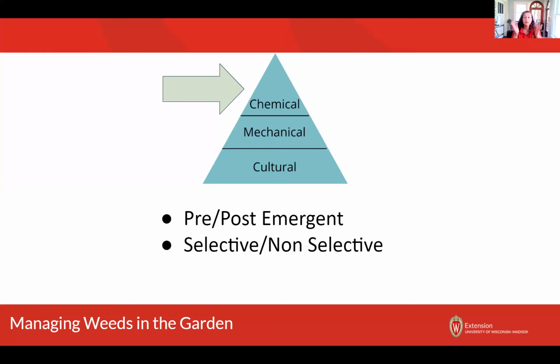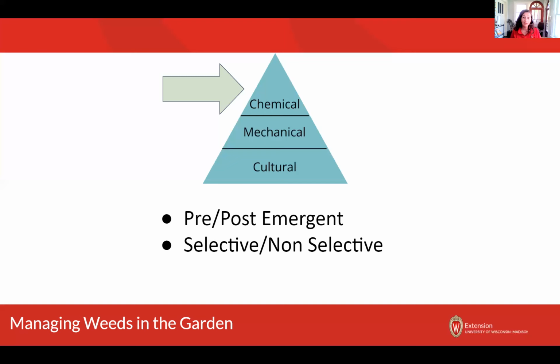So before we go any further, when we're talking about chemical controls, we're talking about both organic and synthetics, okay? No matter how the chemical is derived. And when we're talking about organic versus synthetic, all we're talking about is the materials that the chemical is derived from.